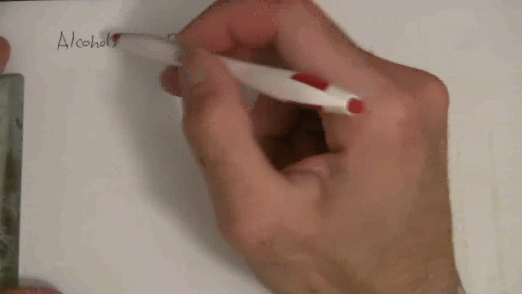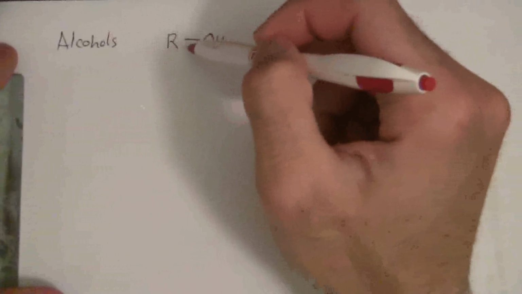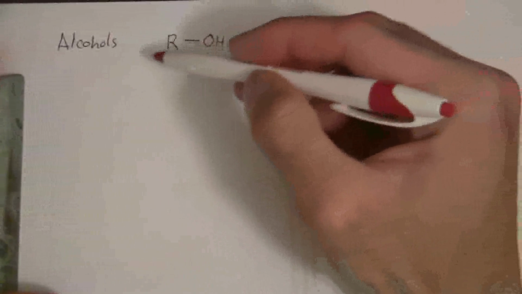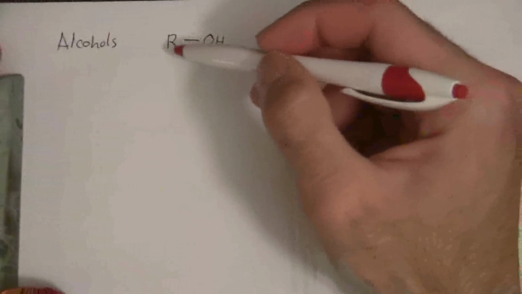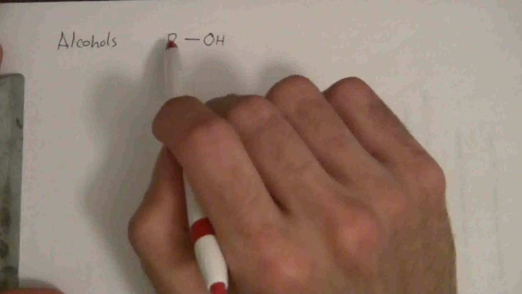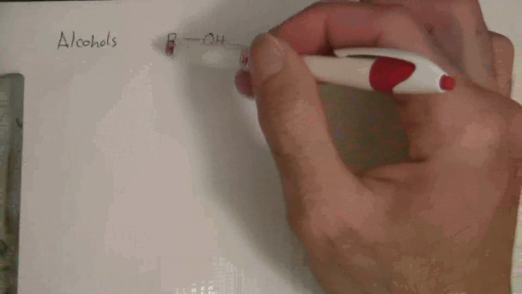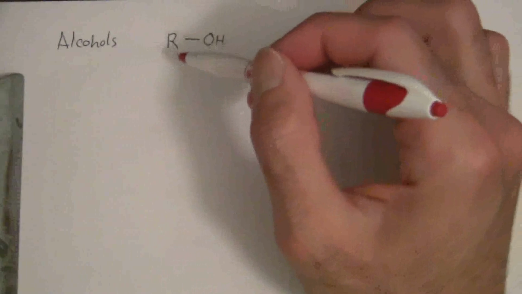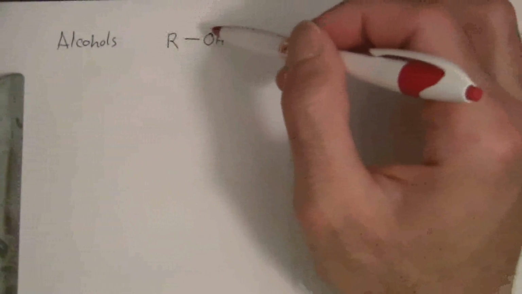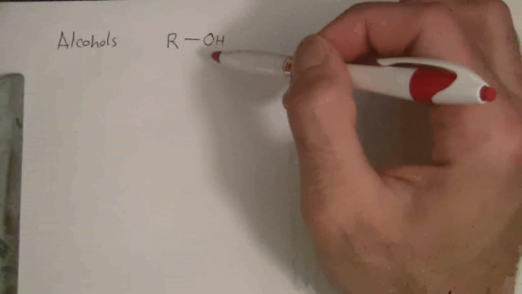That's what we call a carbon chain that is attached. Anyway, this R just represents any type of carbon chain. So whatever carbon chain you have, an alcohol is one where that OH is attached.